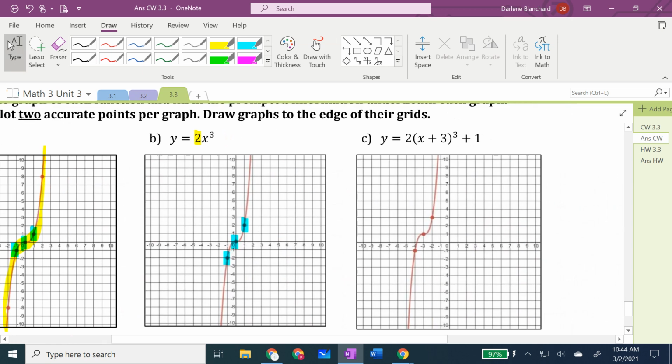And then the next graph has that same multiplication by 2, but now inside with x, we're adding 3. So that means we're going to subtract 3 from the x's.